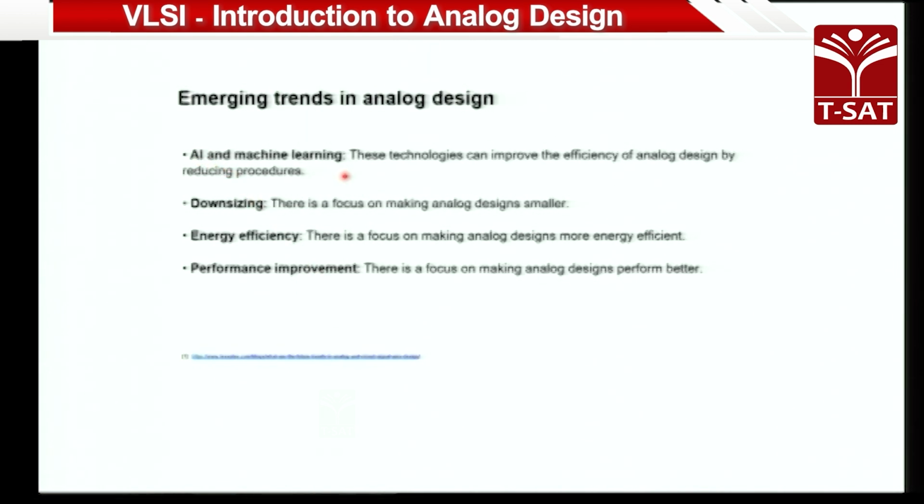Now AI and machine learning. So this is another buzzing word, right, that we talk about AI and machine learning, and our EDA, electronics design automation vendors, the tool houses, they try to incorporate all these AI and machine learning techniques to improve the analog design flows and methodologies.